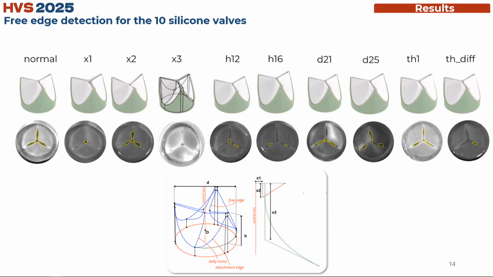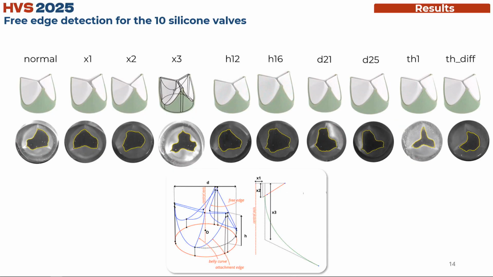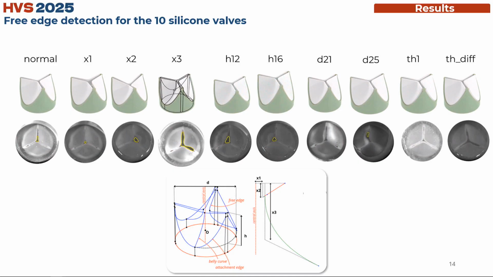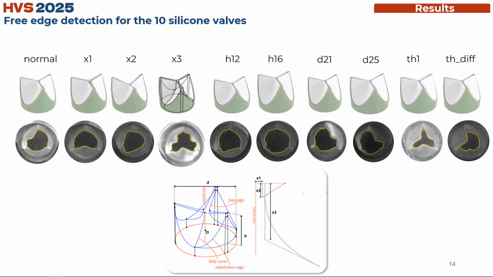Here you can appreciate the GOA detection for all the geometries. You can already see there is different behavior in the opening for different valves. For example, the valve X3 has a small GOA due to the excess of leaflet tissue. And as expected, the valves with thicker leaflets also have a small geometric orifice area.